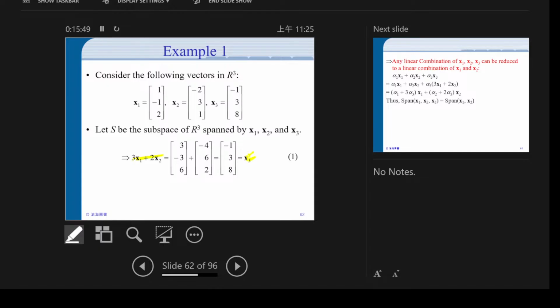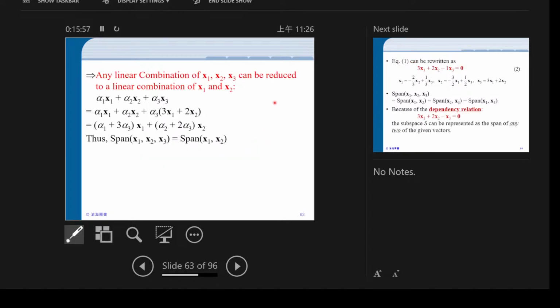Because of this dependency relation, we see that we don't need x3 in our spanning set x1, x2, x3, because any linear combination of x1, x2, x3 can be written as a linear combination of x1, x2. Say we have this alpha 1, alpha 2, alpha 3 linear combination.